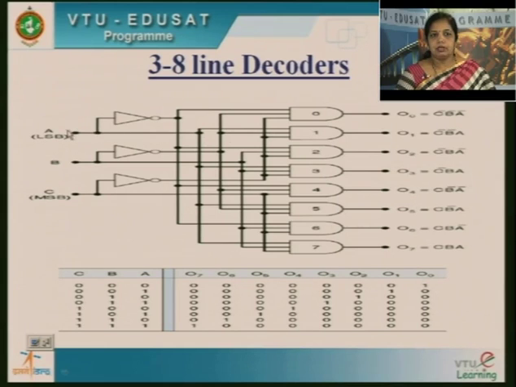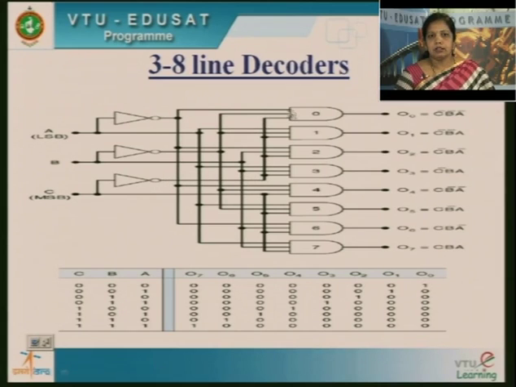So whenever these 3 are 0, that is A complement, B complement, C complement, that is given here. A complement 0 means output of this inverter is logic 1, logic 1, logic 1. So this 1 will come over here, and the input to this is once again connected over here.